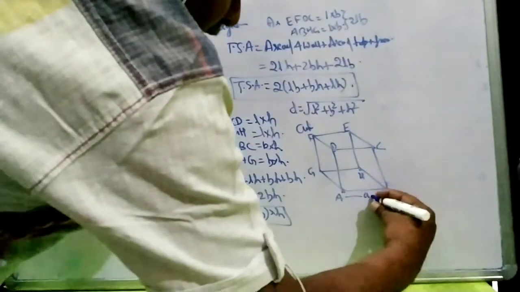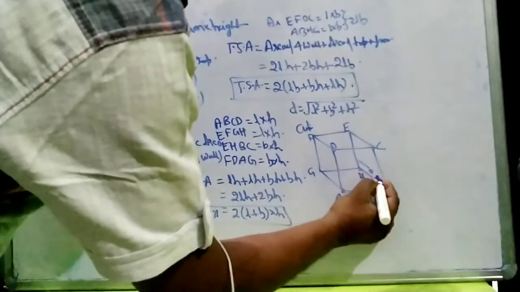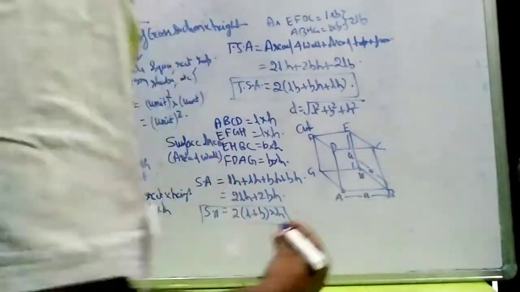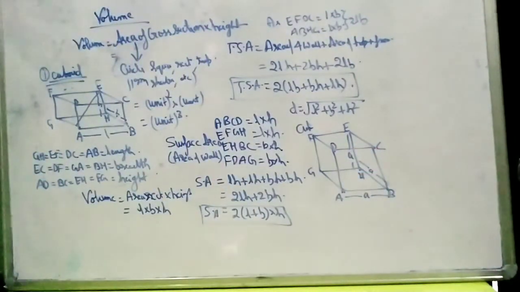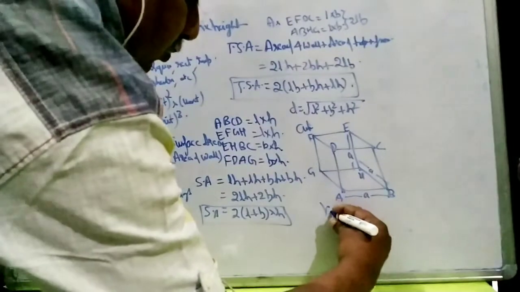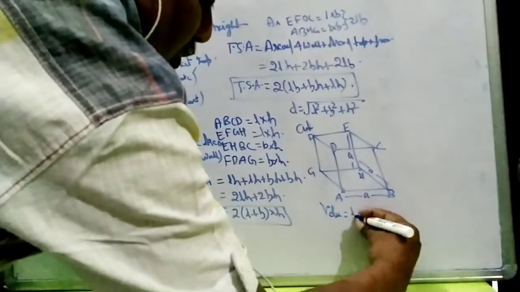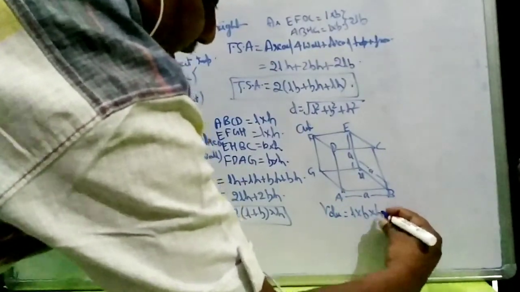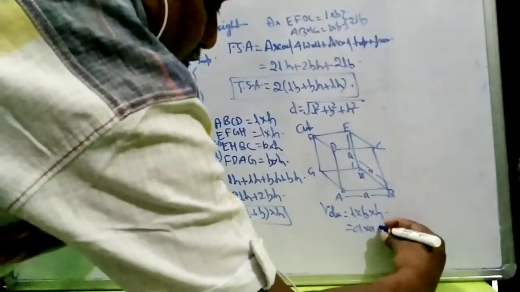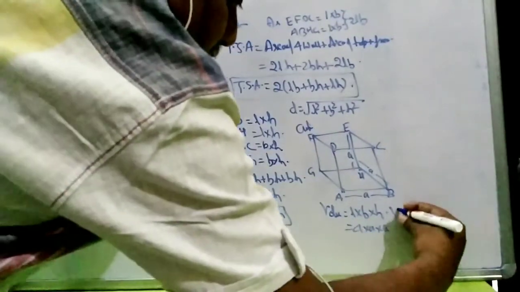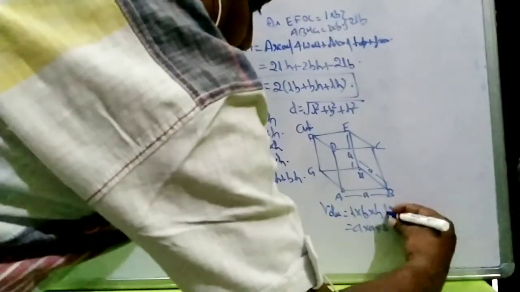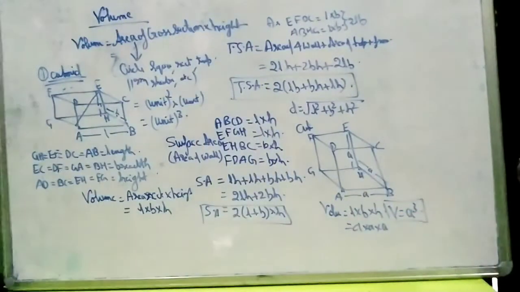This length is A, so the breadth is also A, and height is also A. If we have to calculate the volume, volume of cuboid is length into breadth into height. For this it is A into A into A. So the volume of a cube becomes A cube.